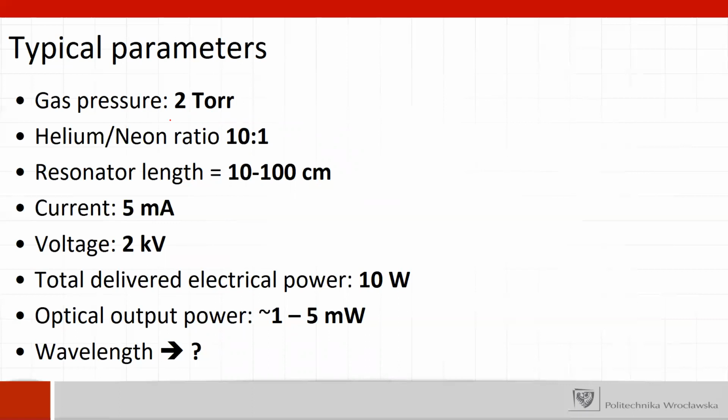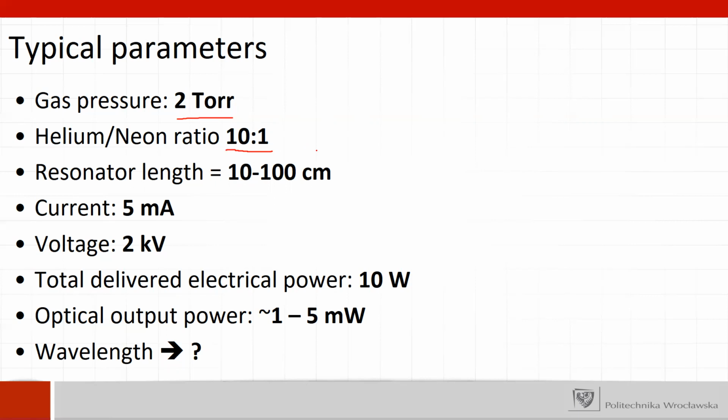So typically the pressure is around 1-2 torrs. So a very low pressure. The ratio of helium to neon is at the level of 10:1. So we have definitely more helium atoms than neon, but neon is responsible for the emission.